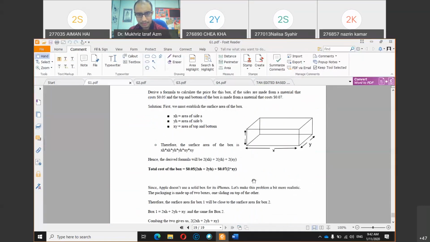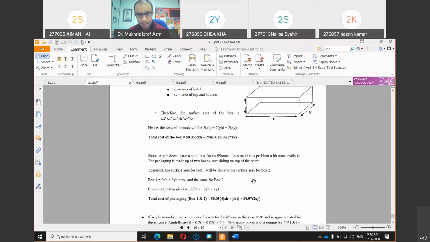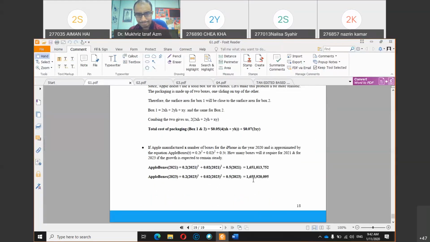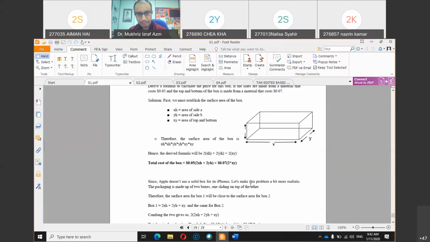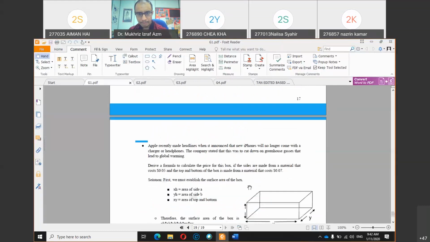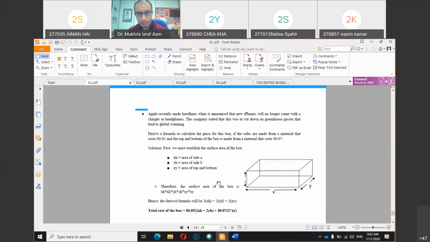So this is the notes or solution. So this is 19, 18 packaging. Can you explain what this example is about? Or Aiman? For today we got Chia doing the talking.